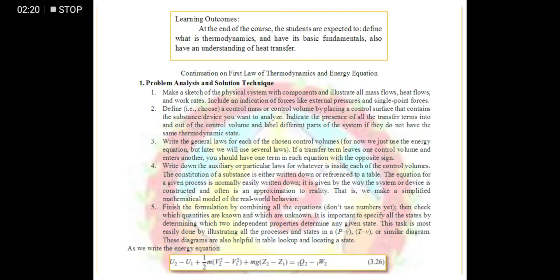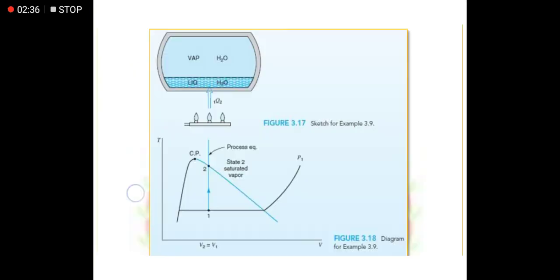We have to follow these techniques, or the steps here, to effectively find the final answers of our required quantities. Okay, so dito tayo sa example number 1.